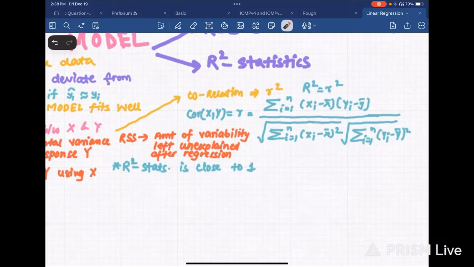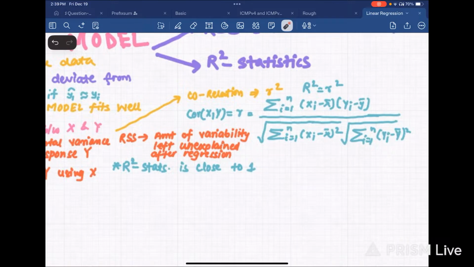So what is this correlation also? Correlation is denoted by small r, the covariance of x and y.